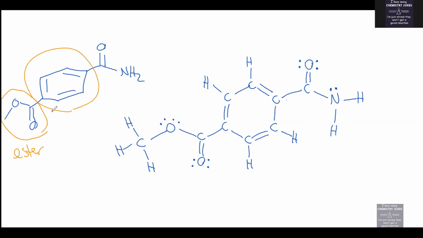This is a benzene. We will also call this an aromatic ring. I don't care what you call it at this point in time. We will talk about all of that way later in the class.